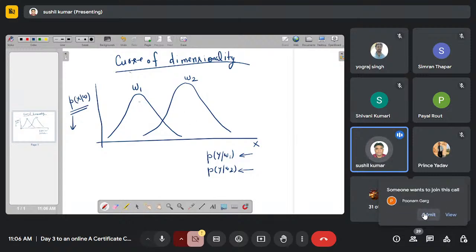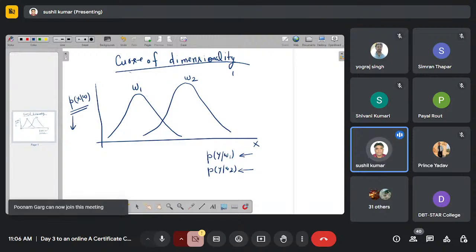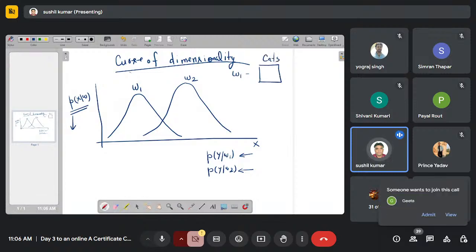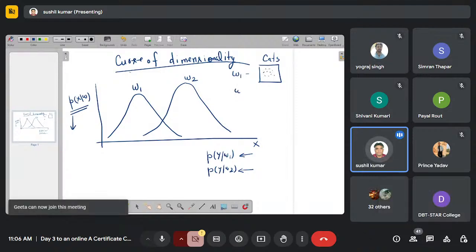There should be no confusion when I am writing omega 1. Omega 1 is like a class. Suppose you have a number of images of cats, a lot of images related to cats, and another class with a number of images or feature vectors related to dogs.